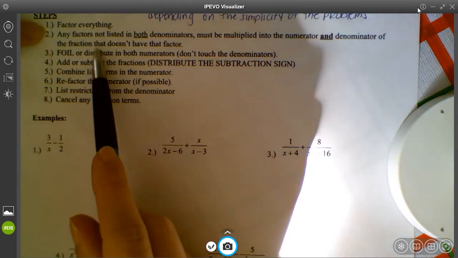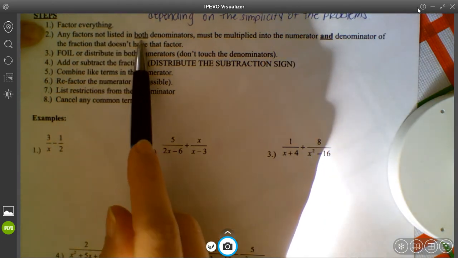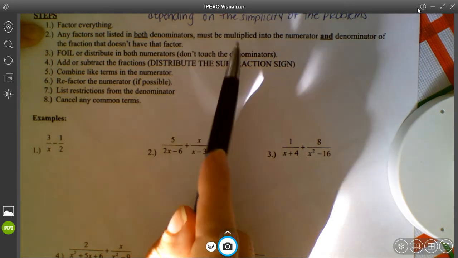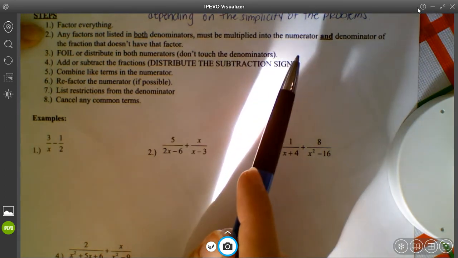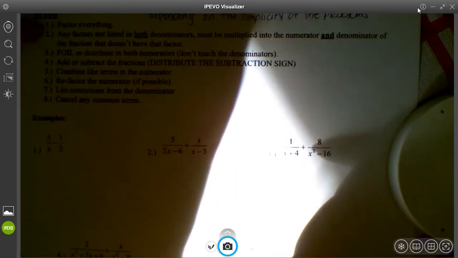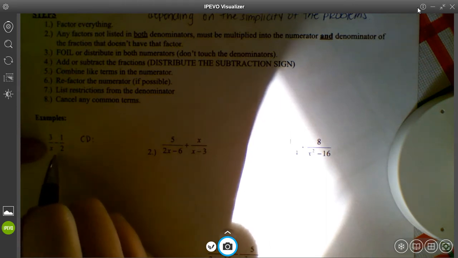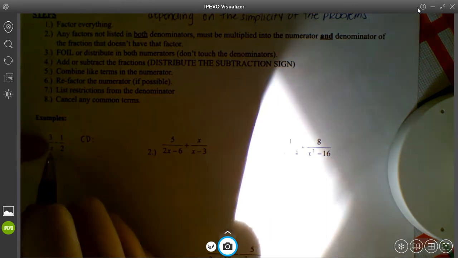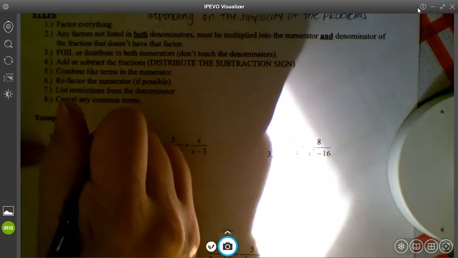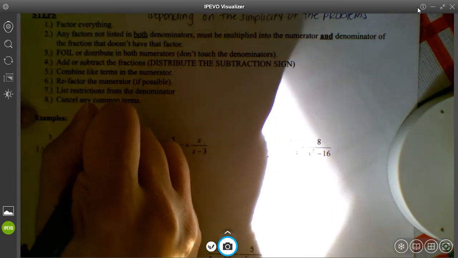All right, so now any factors not listed in both denominators must be multiplied in numerator and denominator. So what I'm going to do on the side is I'm going to write common denominator, and I'm going to write what that is. So in this case, this one has an x and this one has a 2. So that means I need both of them to be 2x in the end.